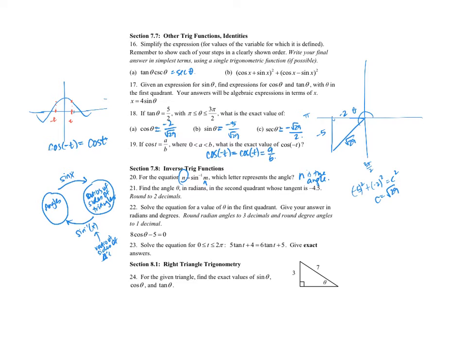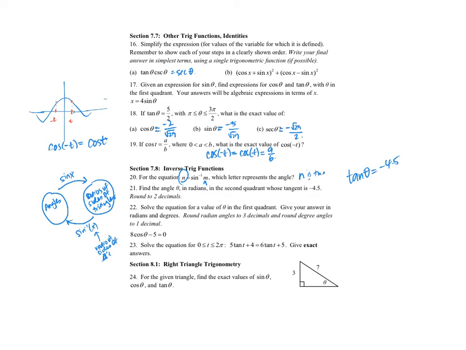Find the angle theta in radians in the second quadrant, whose tangent is negative 4.5. Okay, so let's use our calculator to find tangent inverse. So I know that tangent theta is equal to negative 4.5, and it's in the second quadrant.